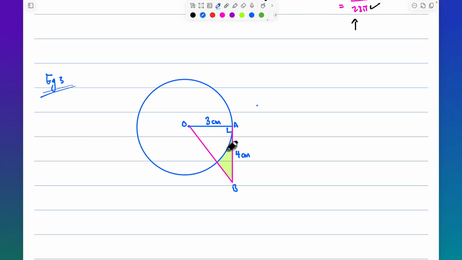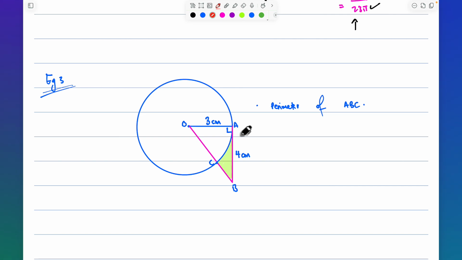So actually, not the area, sorry. We're trying to find the perimeter. Let's just say this is going to be C. We're trying to find the perimeter of ABC. So basically the perimeter from this point down here, that perimeter.